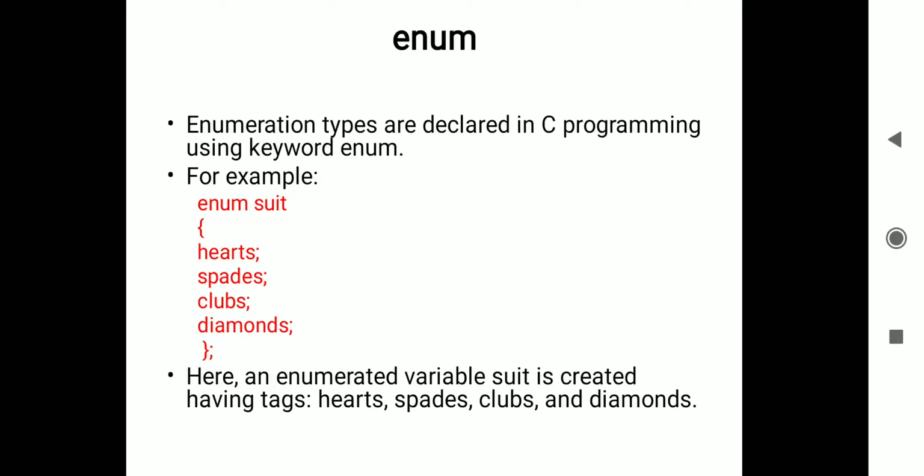For example, enum suit means in a card game there are 4 types of card: hearts, spades, clubs, diamonds. So that's why we use enum suit, an enumeration type. Then close the curly bracket and put a semicolon. Here an enumerated variable suit is created having tags hearts, spades, clubs and diamonds.